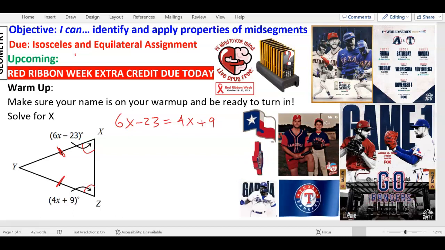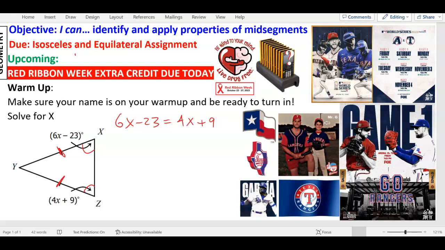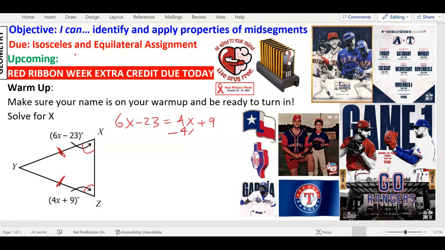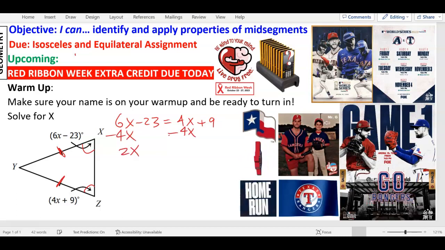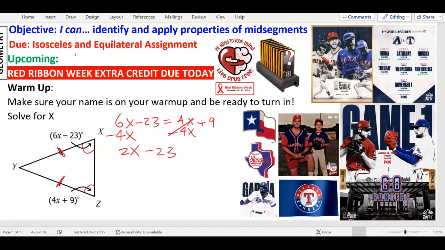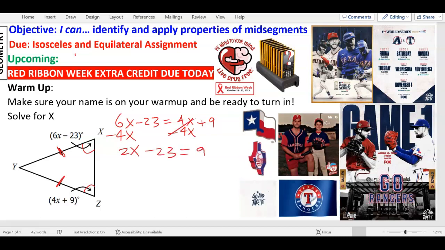All right, so which x is smaller? 4x. So to get rid of a positive 4x, we subtract 4x on both sides. 6 minus 4 is 2x. Bring down minus 23, bring down equals 9. And then we got to get rid of the loner, which is minus 23.